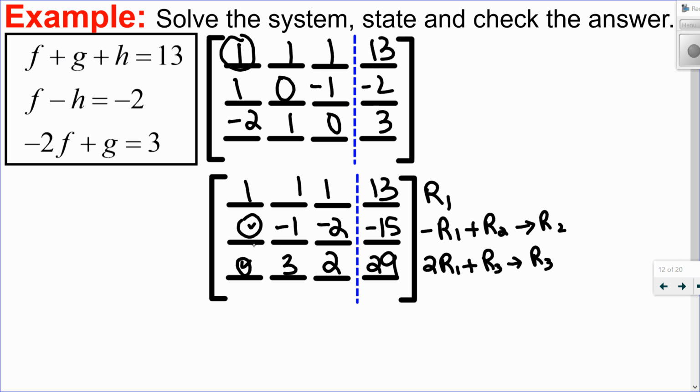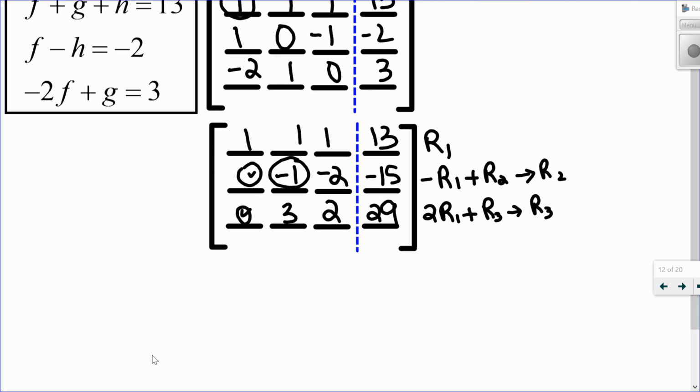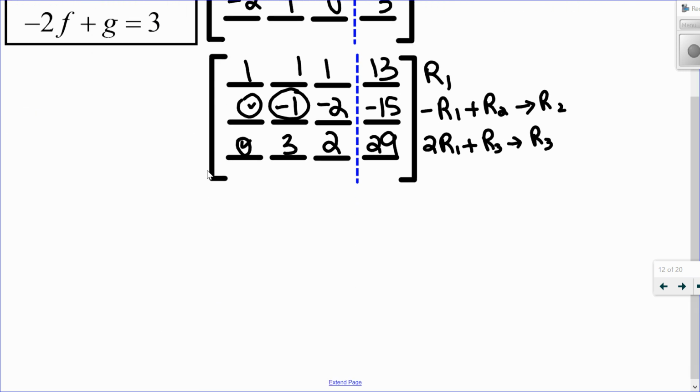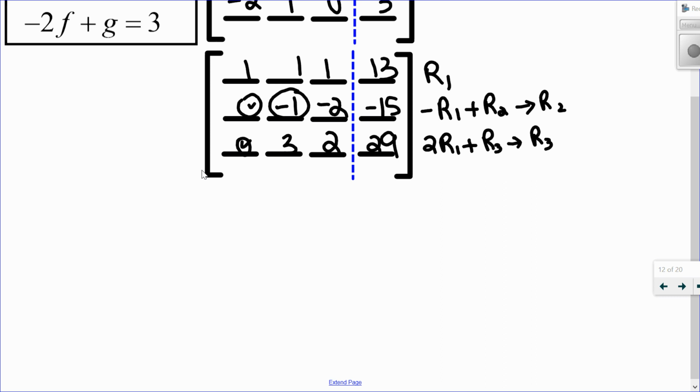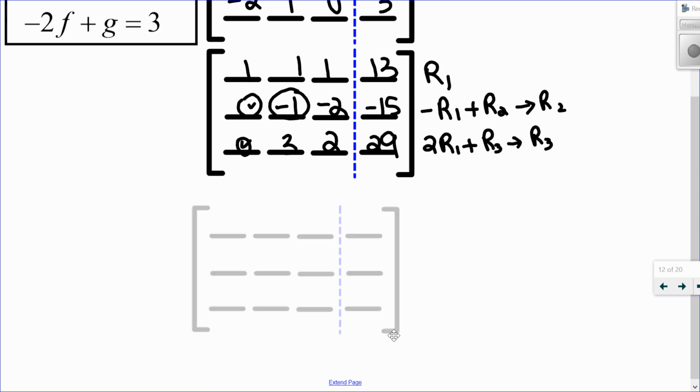The next step is to get a 1 in row 2, column 2. So I want to change this into a 1. Oh, wrong one. Let me try that again. There we go.